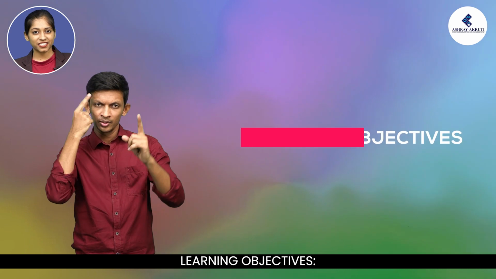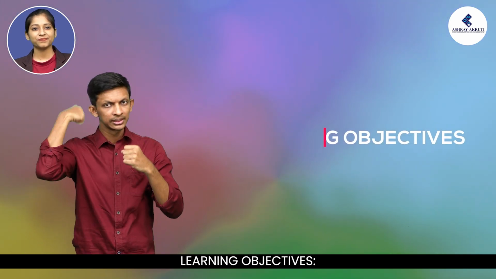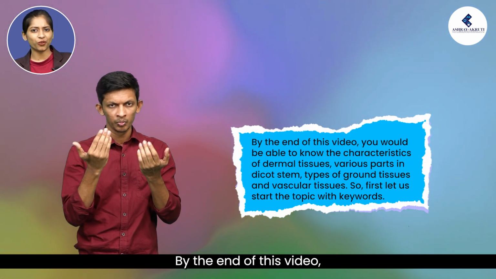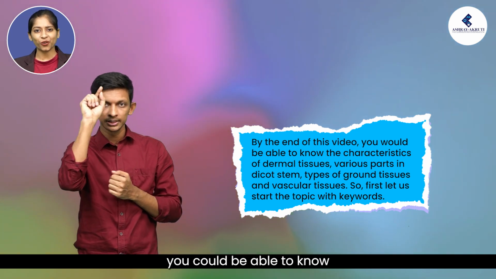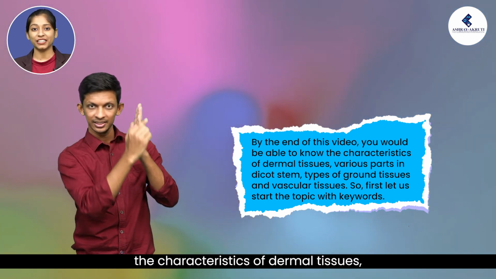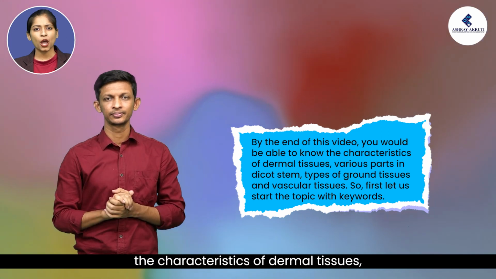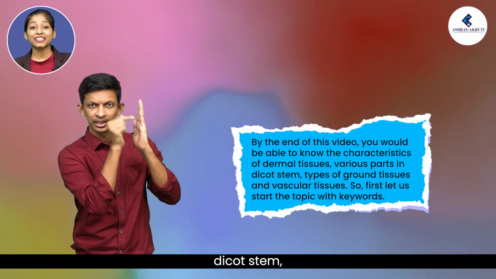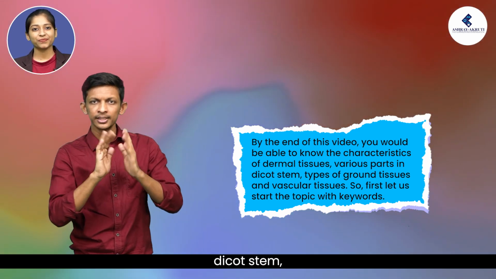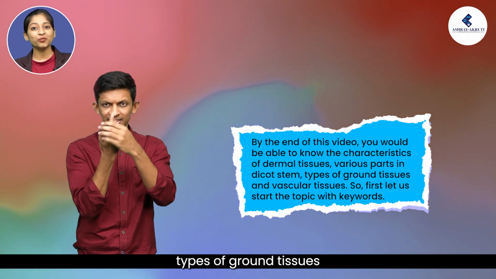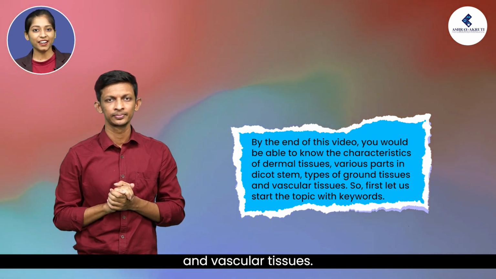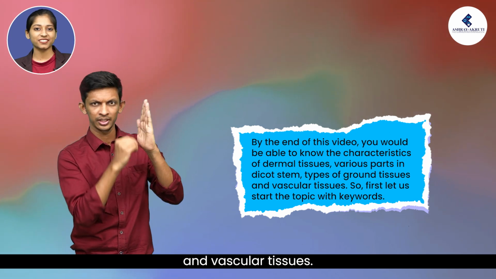By the end of this video, you should be able to know the characteristics of dermal tissues, various parts in dicot stem, types of ground tissues, and vascular tissues.